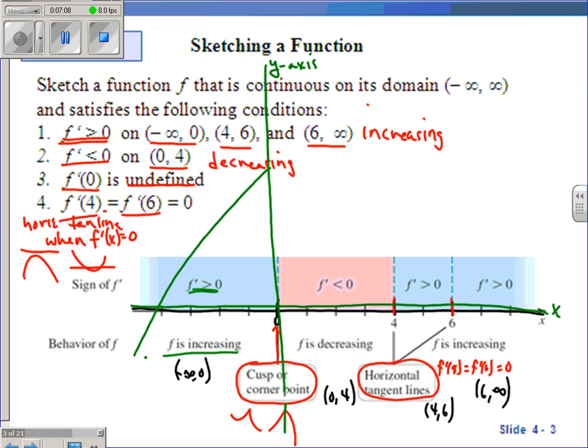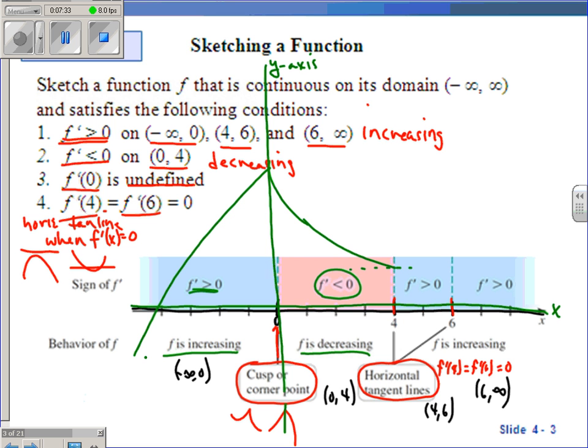It gets to 0, and it's going to have a cusp or a corner point because the derivative doesn't exist there. So now, from 0 to 4, we knew the derivative was negative, which meant that the function was decreasing. So I know it's got to come down, and I'm going to go ahead and just put a corner point there. The function is going to be coming down until it gets to where x is equal to 4.